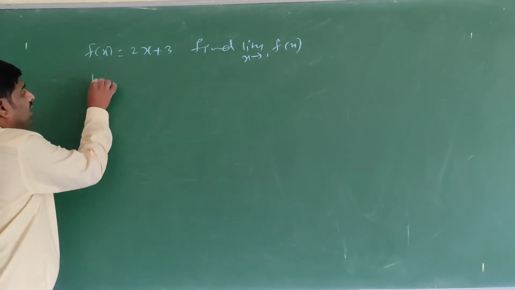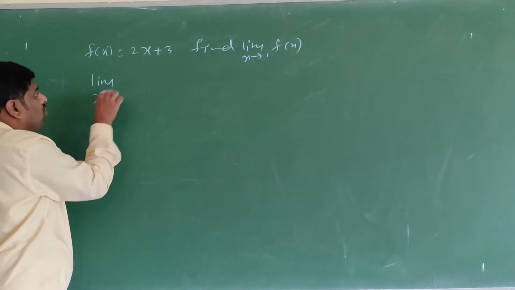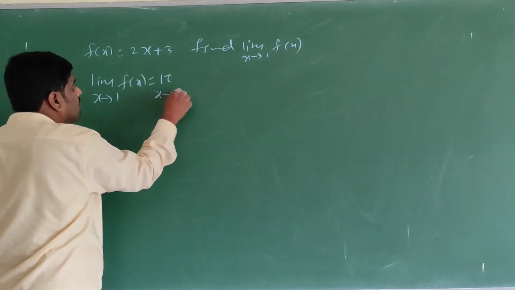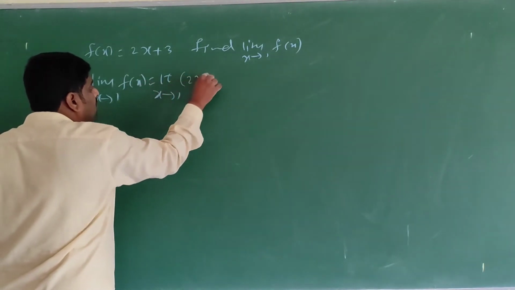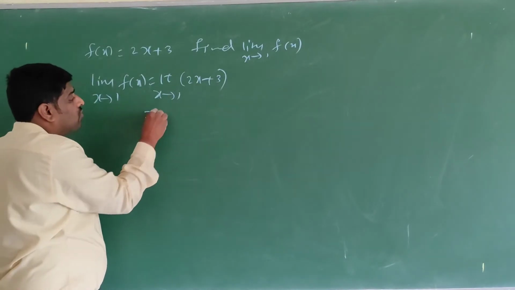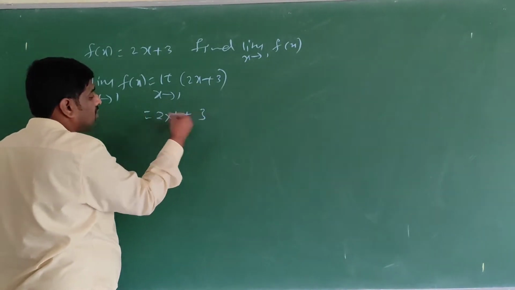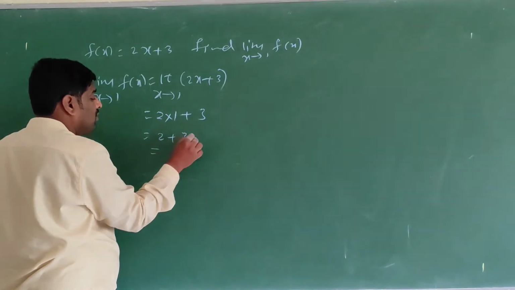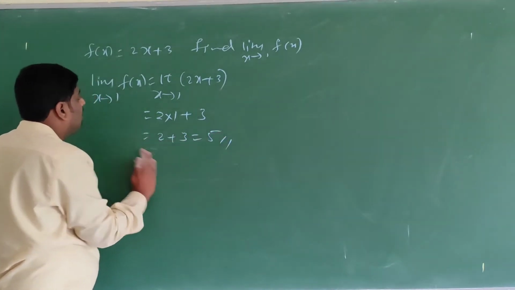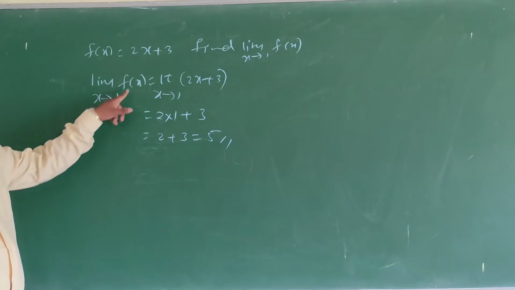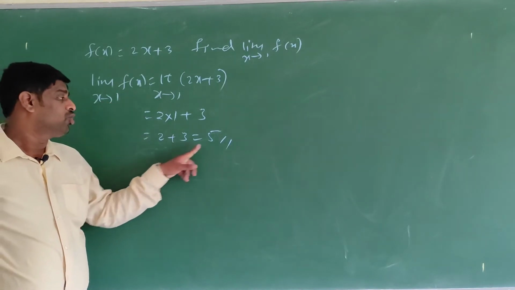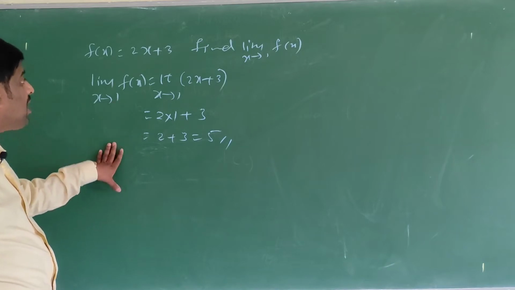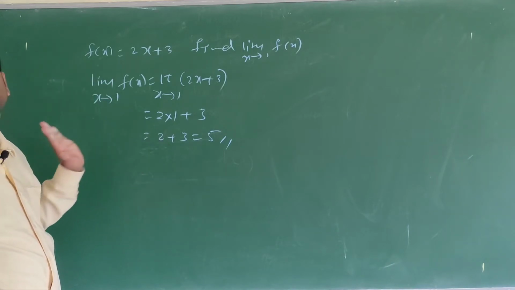That is the limit as x tends to 1 of 2x + 3, which is 2 into 1 plus 3. 2 ones are 2, 2 plus 3 is equal to 5. So the limit as x tends to 1 of f(x) is 5. That means the function is continuous.